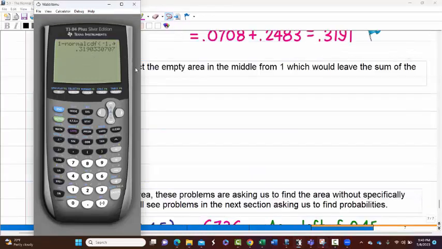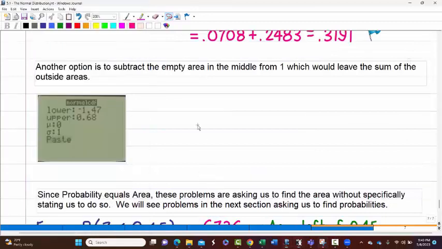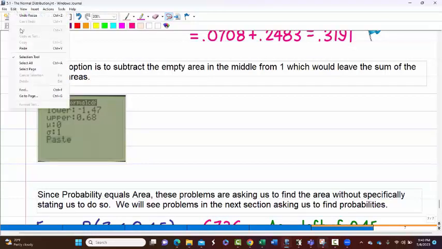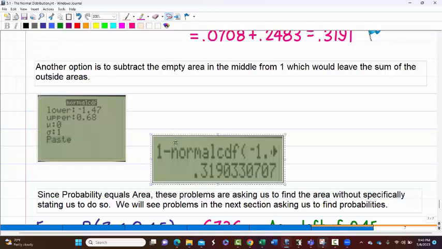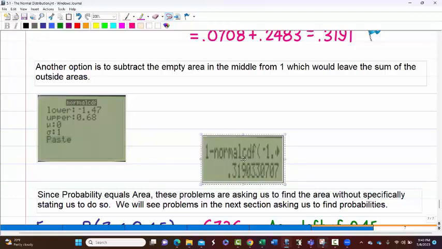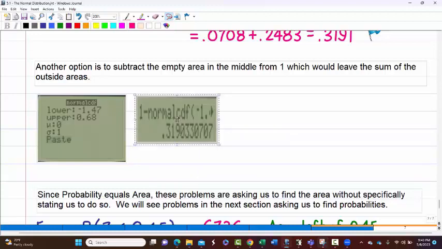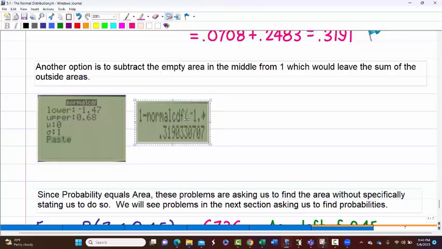Here we have it with the 1 minus. Even though you can't see the rest of that screen, you can see to the left what was entered in there.